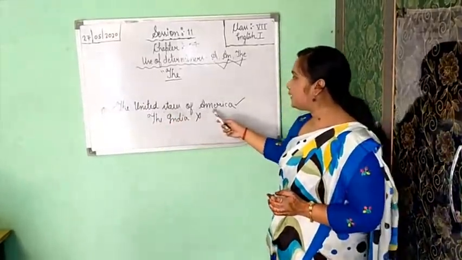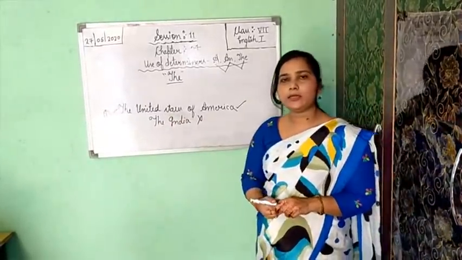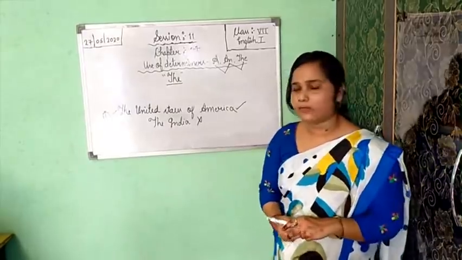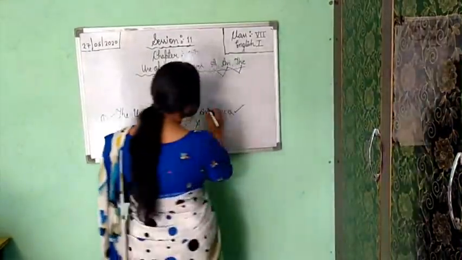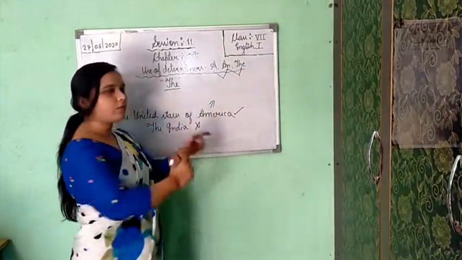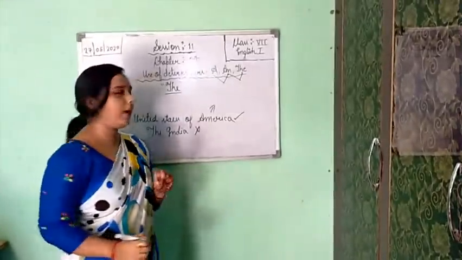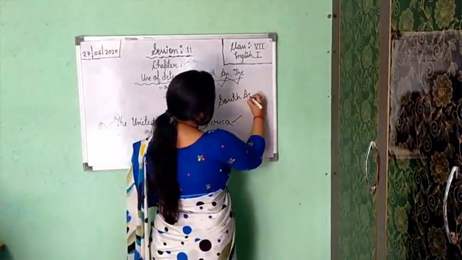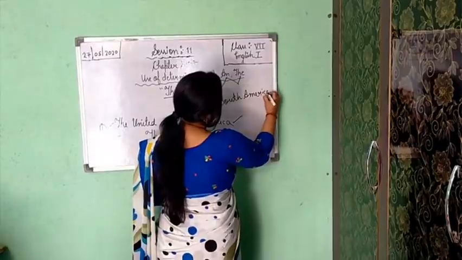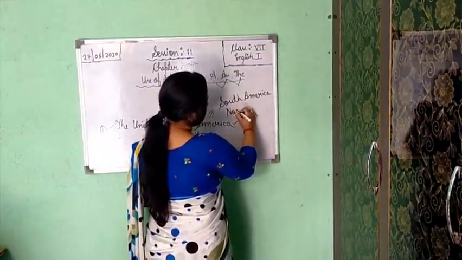The United States of America is divided into parts. Compound noun means it is divided into two parts. Okay, this America, the United States of America, is divided into two parts. The first one is South America. The second one is North America.